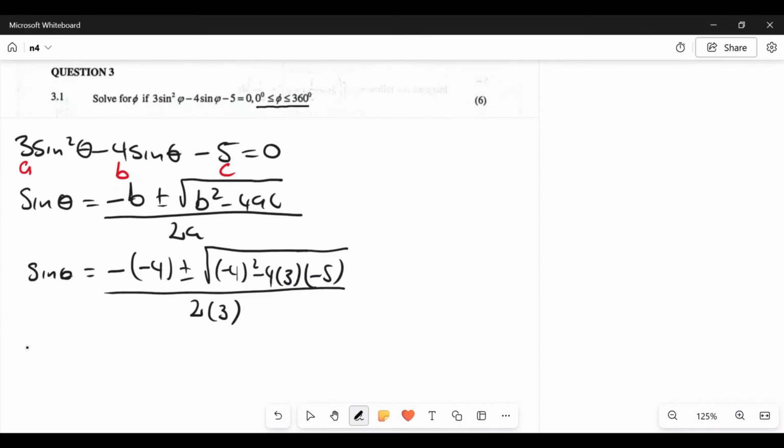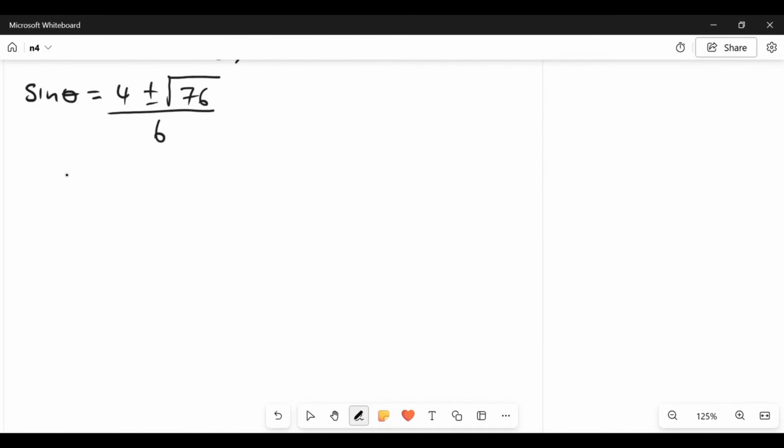We continue here. Sine theta is equal to, we multiply negative with negative 4, which gives us positive 4, plus or minus. Inside the root, if you put this in the calculator, we get 76, divided by 2 multiplied by 3, that is 6. Let's create space so that we can continue solving this problem.